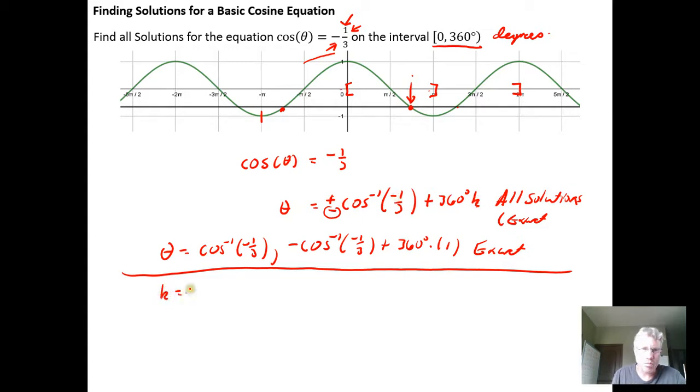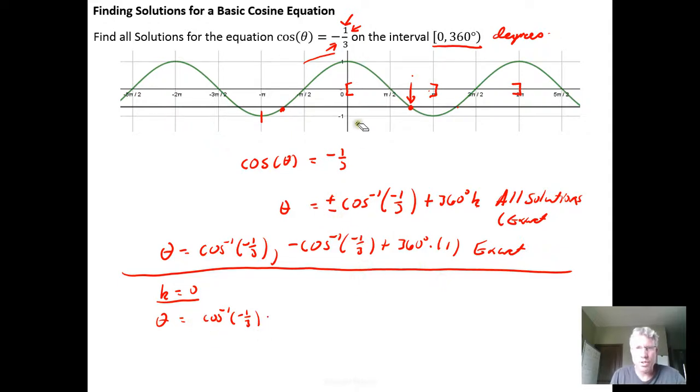So if we let k equal 0, we get one solution at theta equals plus the cosine inverse of negative 1/3 plus 360 degrees times 0. So we just lose this part. We recognize that the principal solution is on the interval we're interested in.